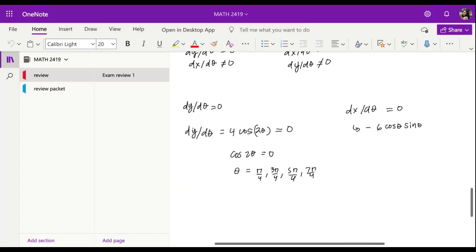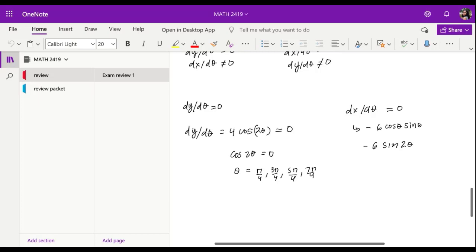Cosine θ sine θ is also equal to sine 2θ based on our identities, so we have negative 6 sine 2θ.